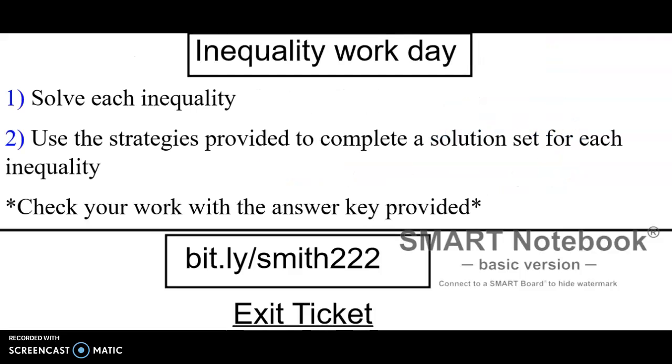The work for today is on bit.ly. You're going to be working on inequalities again. Just remember the things you need to look out for is check each inequality. Make sure that you're solving using that negative coefficient and asking yourself, does it flip? And then check your work with the answer key provided in class.